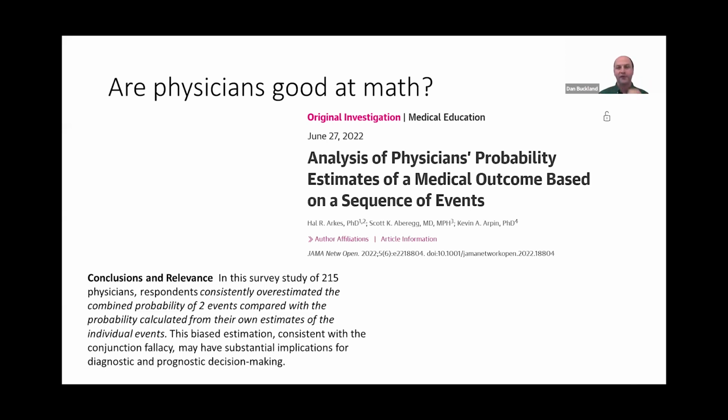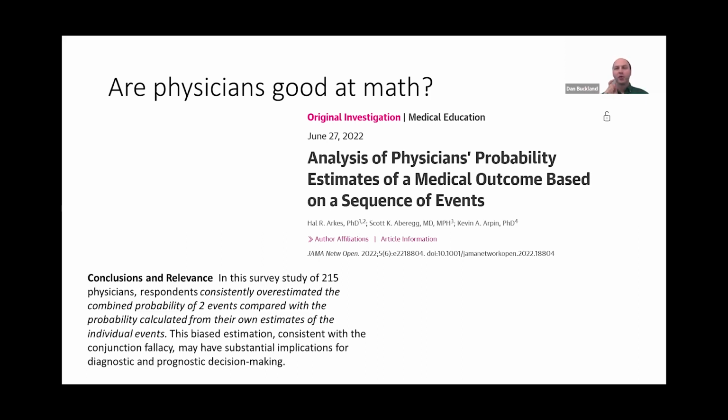So 10% of cough patients have something on their x-ray. And then it said, okay, 50% of things on x-ray are cancer. These are not real numbers, don't go with that. But it was to make the math easy, right? So 10% of people with a cough have a mass on their x-ray. 50% of x-ray masses are cancer. Then they would ask the clinicians, what's the percent chance that someone with a cough has cancer?